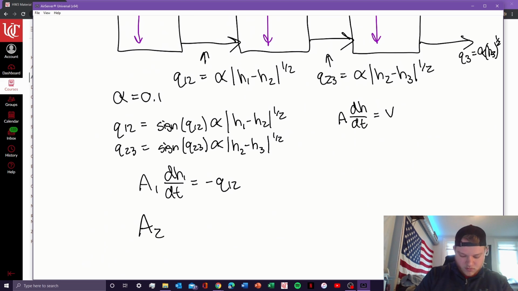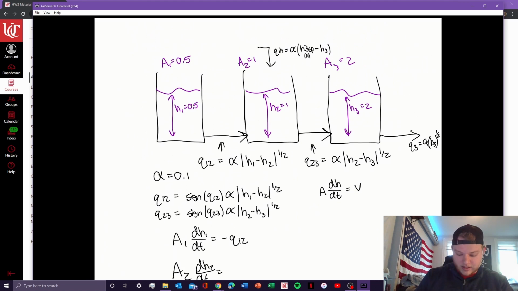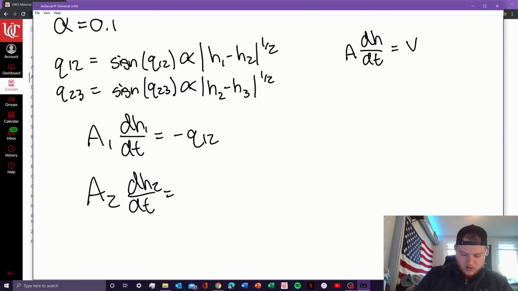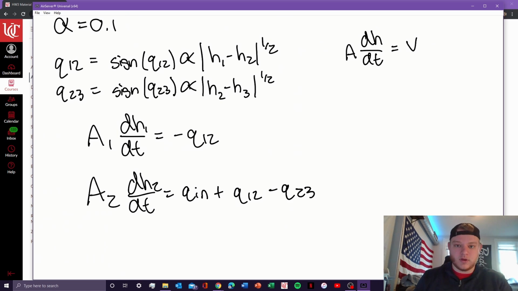For tank 2, it's the same, except we have 3 flows: the flow in, the flow between 1 and 2, and the flow between 2 and 3. Since the flow in and the flow between 1 and 2 are adding to the tank, those are both positive. So the flow in plus the flow between 1 and 2 minus the flow between 2 and 3, since the flow between 2 and 3 is leaving tank 2, therefore it is negative.